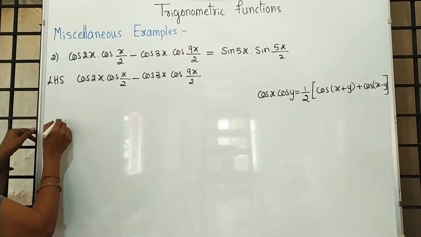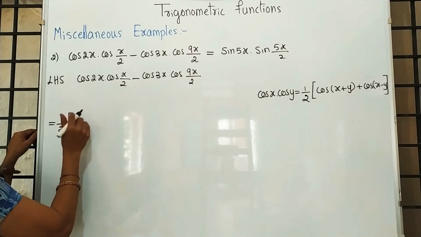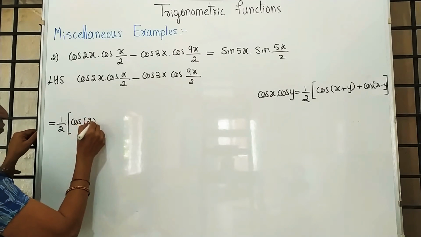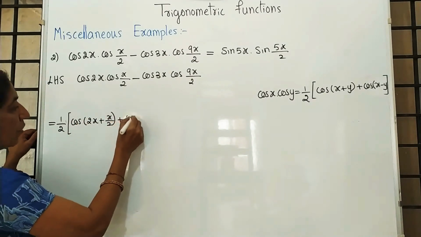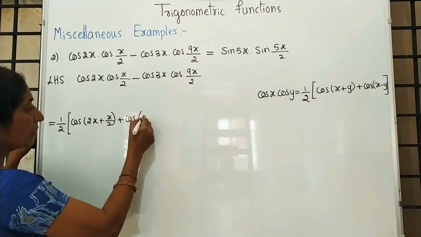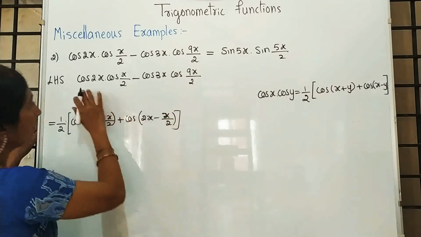So here 1/2 in the bracket cos(2x + x/2) plus cos(2x - x/2). This completes the first one.